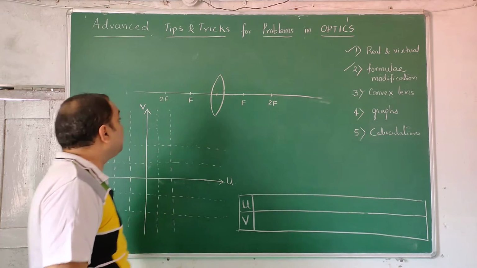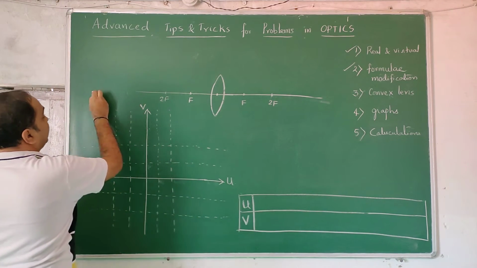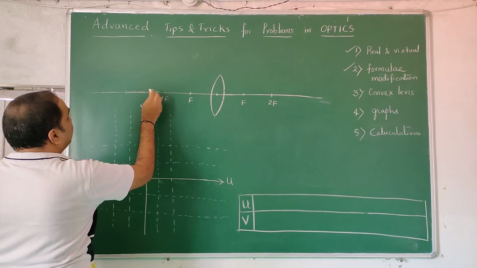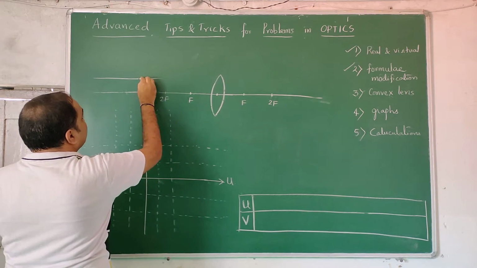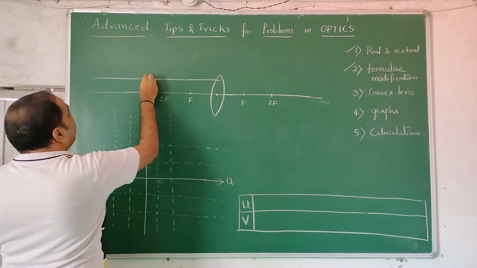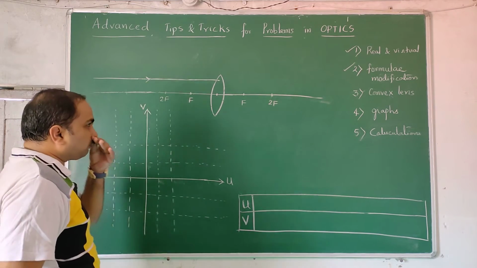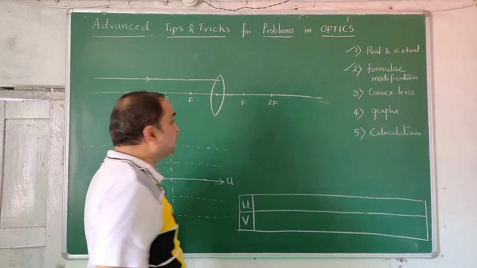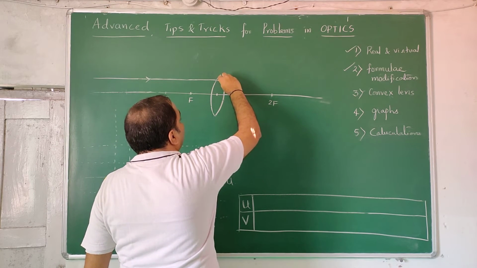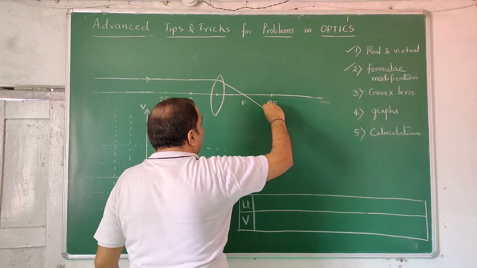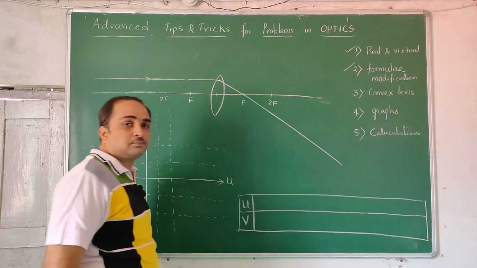I will take the easiest part first so that you get connected. I have a ray coming like this, incident ray, parallel to the principal axis, which almost every teacher teaches. After refraction from the convex lens, it goes like this.